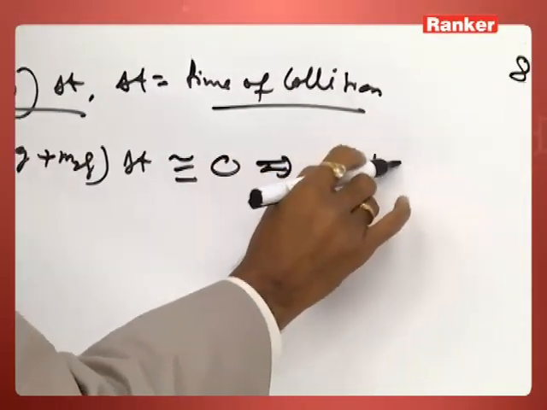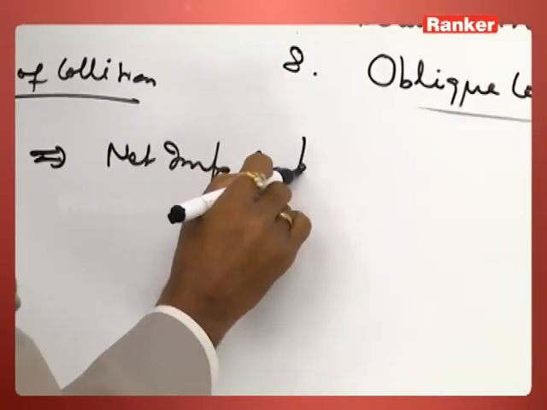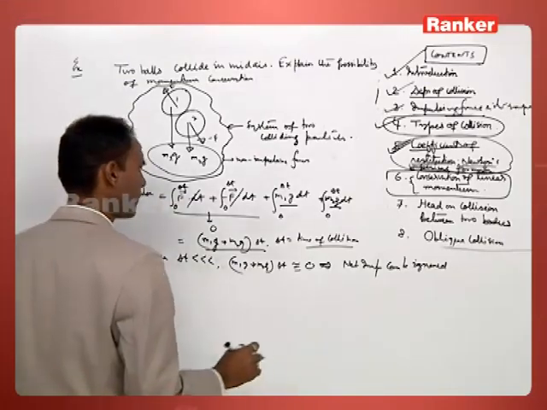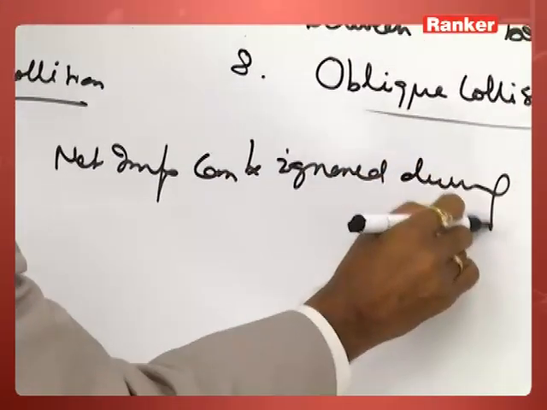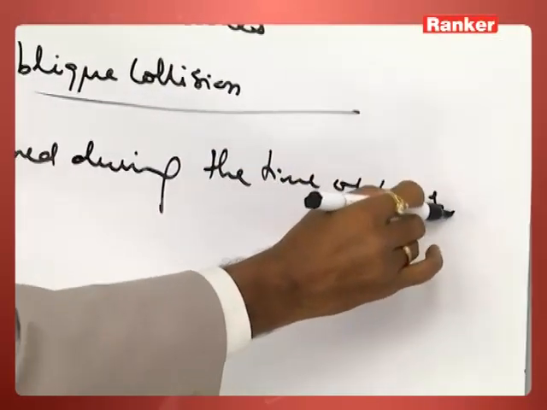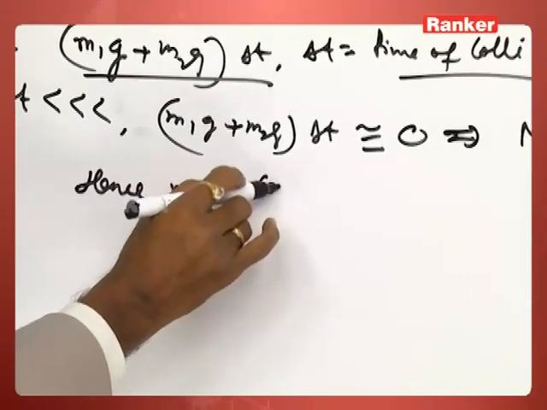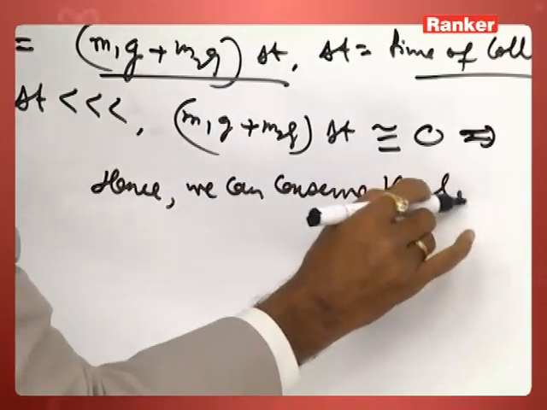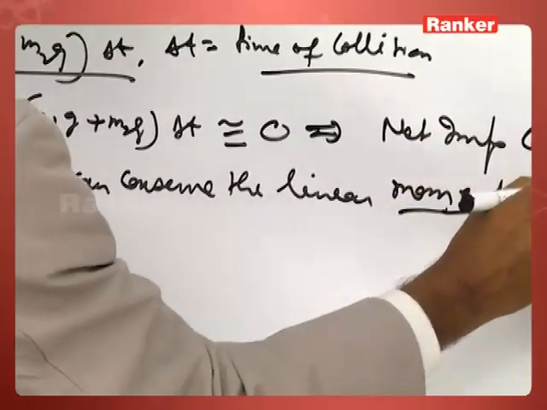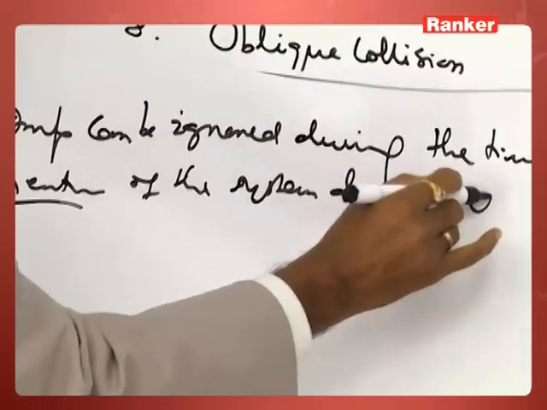Hence, the net impulse is not exactly equal to 0, but can be ignored. During what time interval? During the time of collision. Hence, we can conserve the linear momentum of the system during collision.